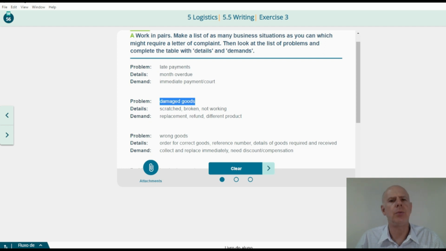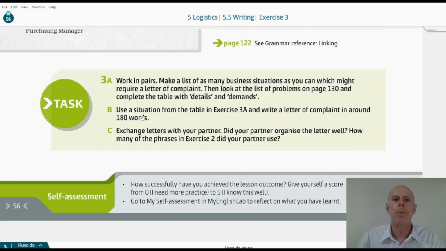Why don't you think what details to include and what demands to make? That's a very good exercise for you to think what to do in situations like those. But after that, you should use a situation from the table here and write a letter of complaint of your own in around 180 words.